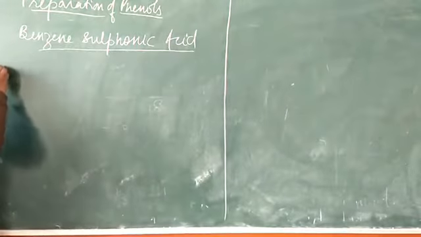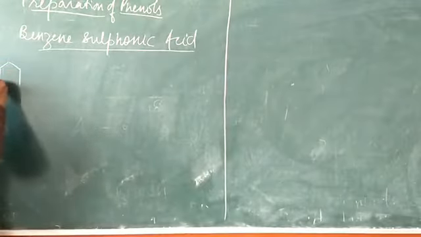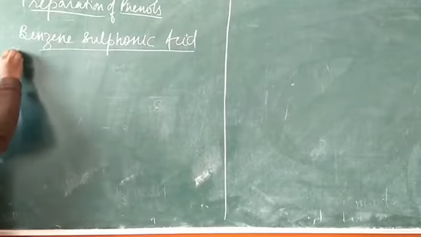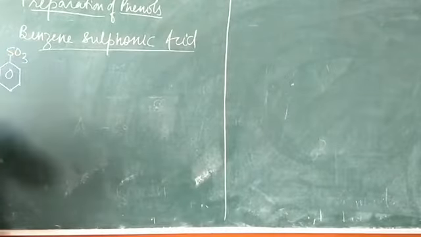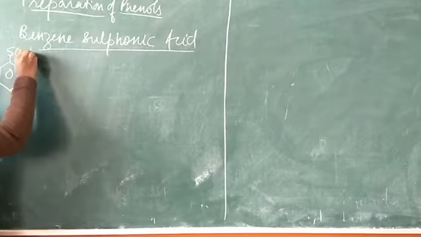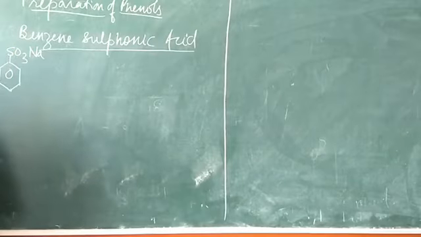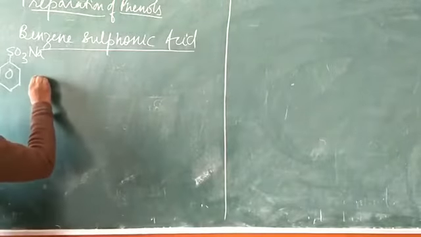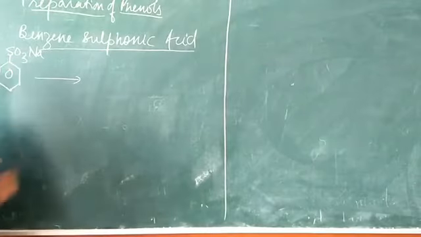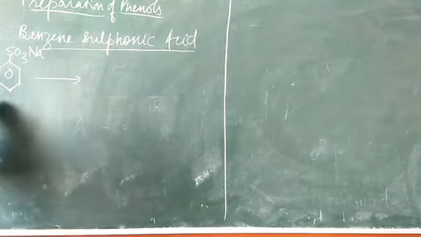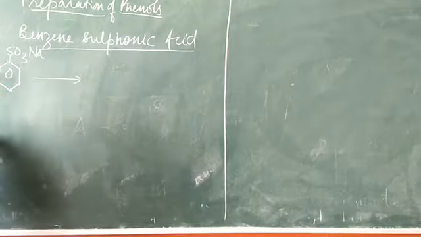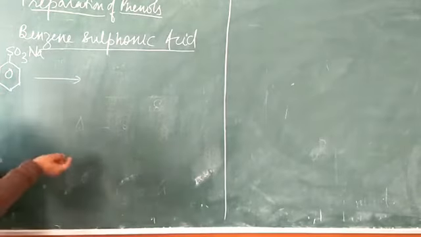So student, we will take the sodium salt of benzene sulfonic acid. Benzene sulfonic acid is what? It is SO3H. So we are taking the sodium salt of benzene sulfonic acid. Right? Now, you can prepare it when the benzene sulfonic acid reacts with a base, NaOH. Right? We will get the sodium salt of it and water will be released.